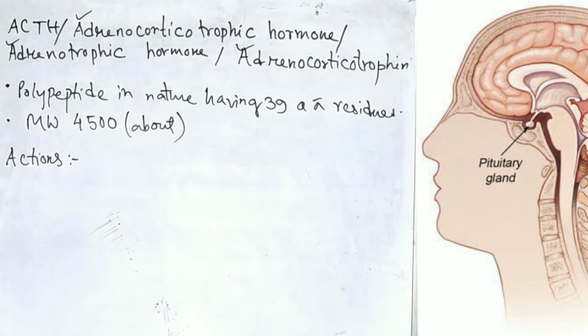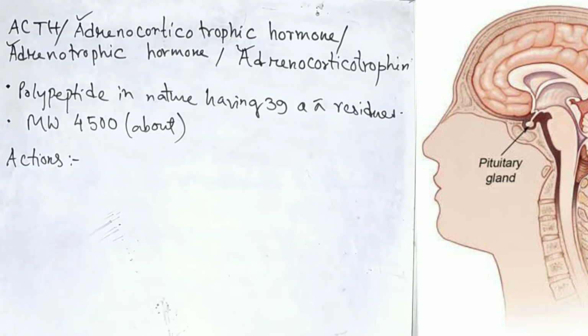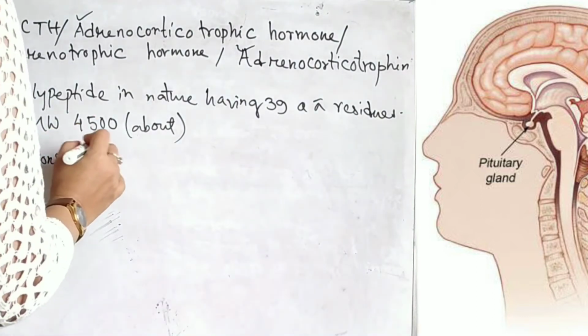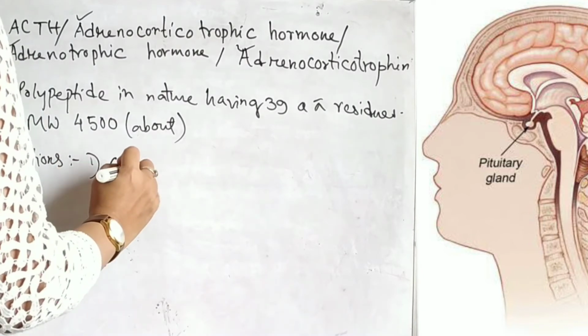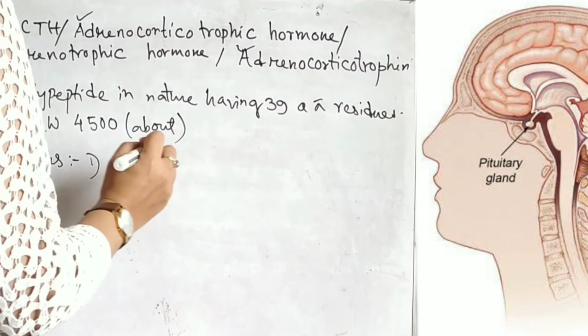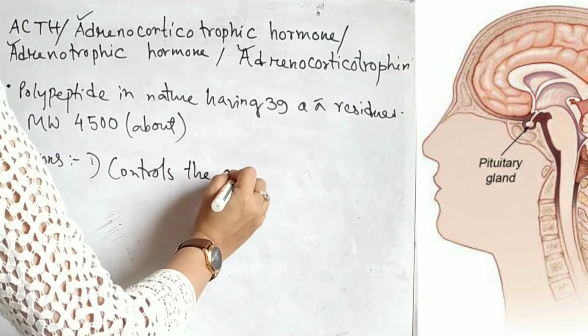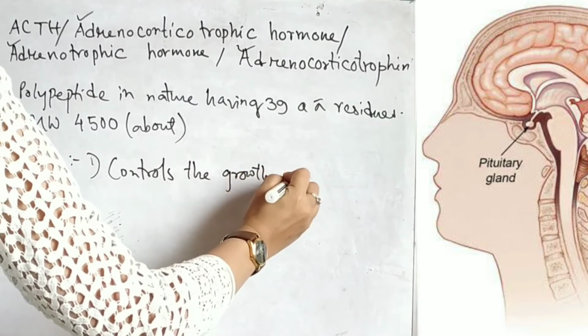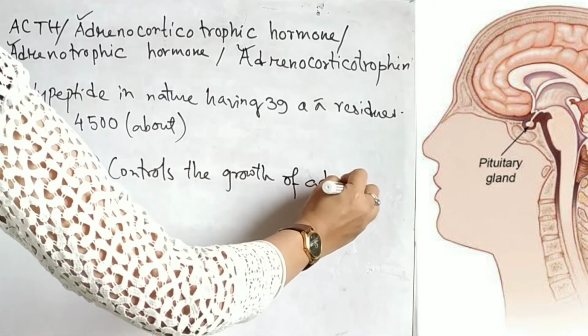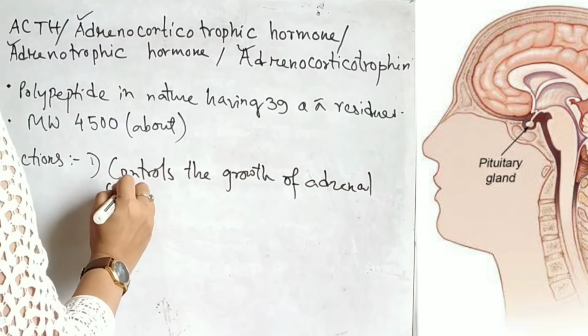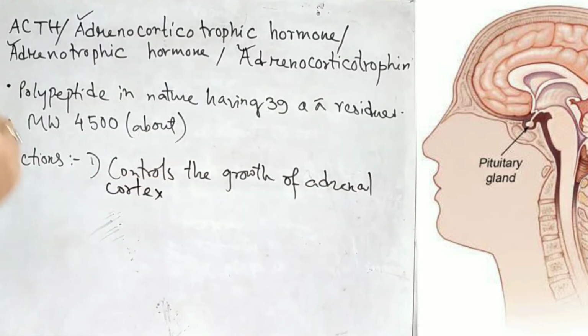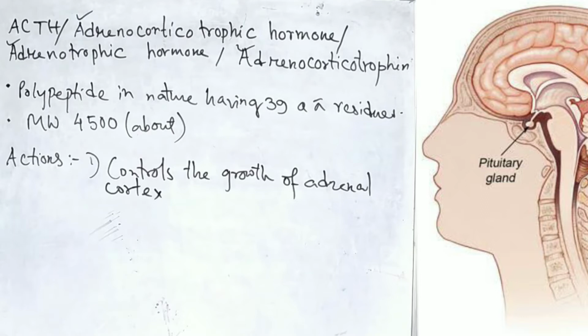This hormone has the important function that it controls the growth of the adrenal cortex. The adrenal glands are present above the kidneys. We have two adrenal glands which are conical shaped and present above our two kidneys.